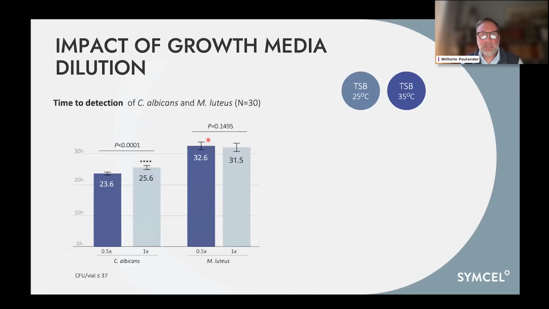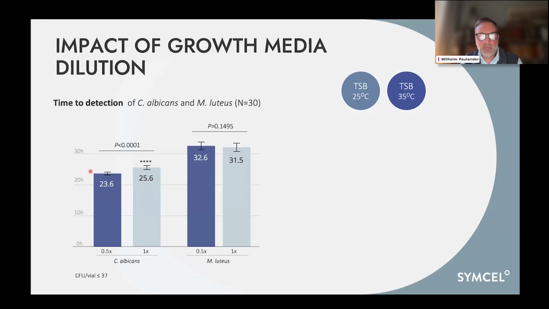If we look at the impact of growth media dilution, if you run 1 times or lower concentrations of TSP and FDM, and this is also to see how a difference in test sample or product sample affects the system when you add it.